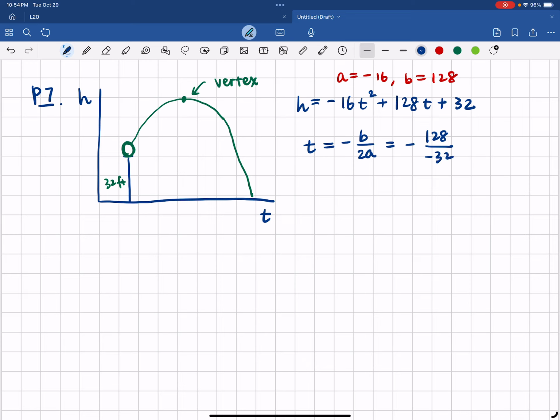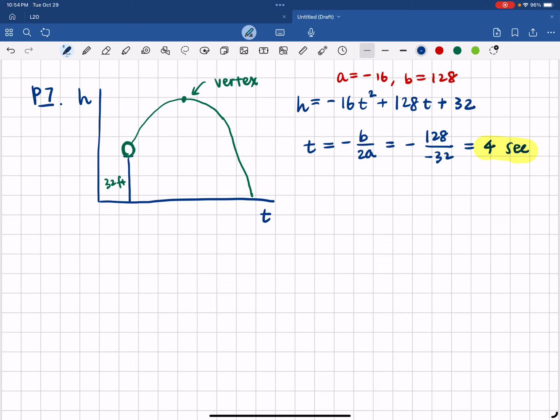If you simplify this, you will get positive 4. And the unit is seconds because our t is time, in seconds. So this will be the first part of the question. At what time will the stone reach its maximum height? It's after 4 seconds. That will be the answer to the first part.